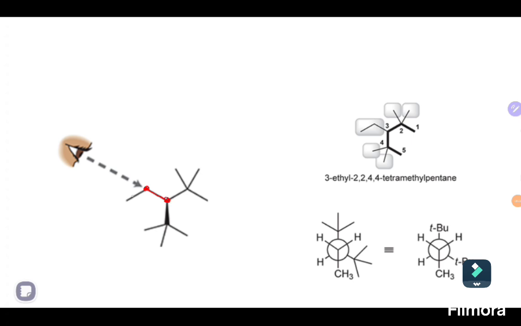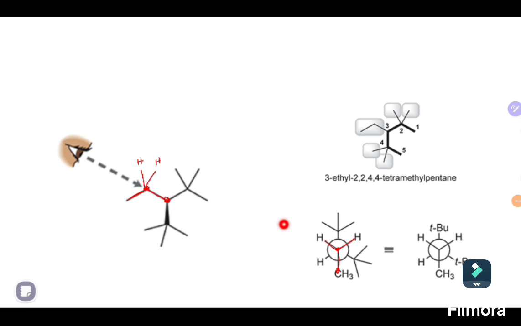The front carbon only has a methyl group shown bonded to it, meaning there have to be some hydrogens here as well. And we can see that on the Newman projection, where two hydrogens are bonded to the front spot, and the methyl group is also bonded to the front spot.